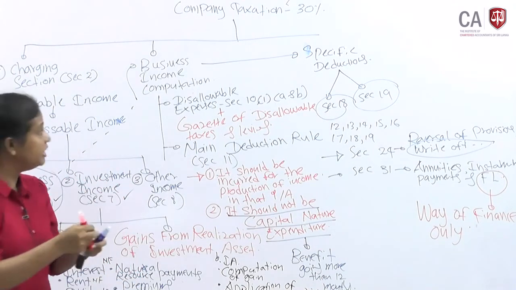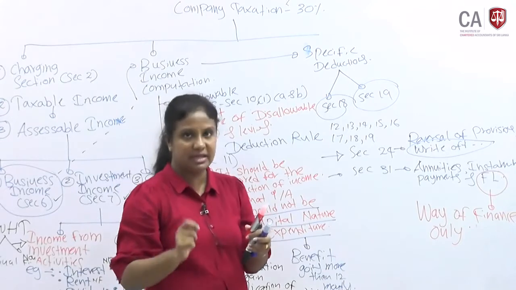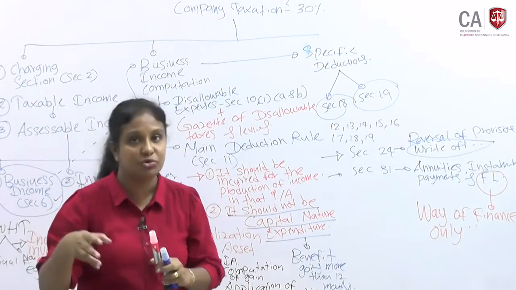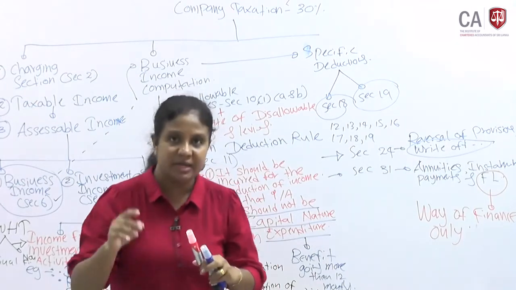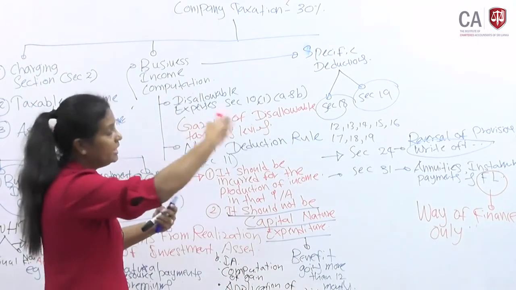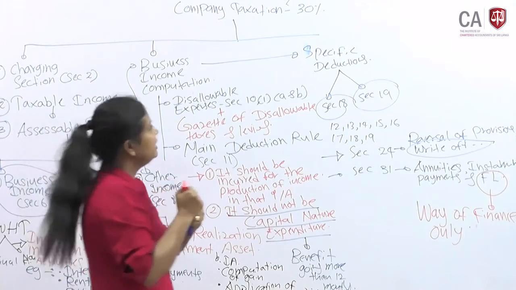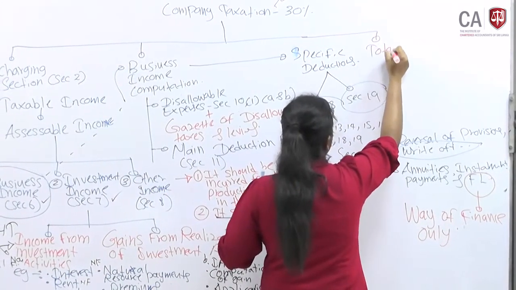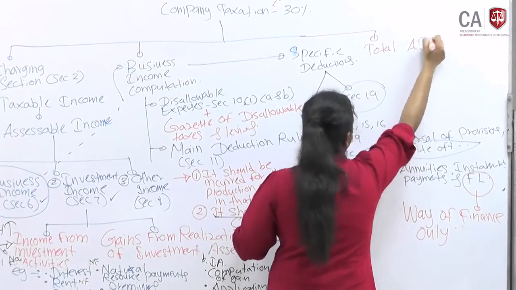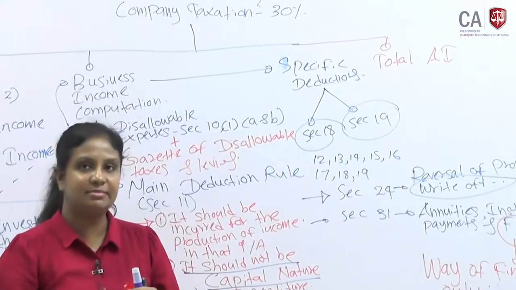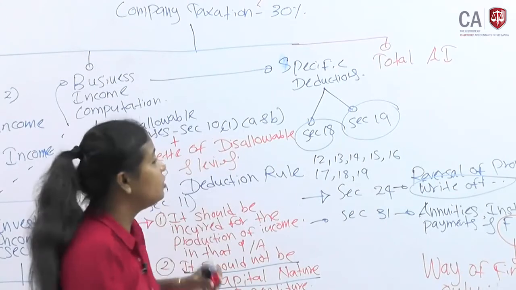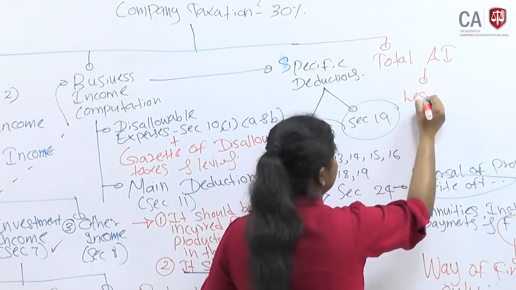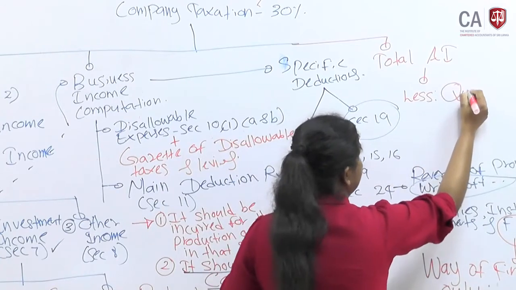The third one, we need the total assessable income, which is the composition of these two if there is no other income. Then after that, we are at the final figure of our computation, total assessable income. From this total assessable income, you must deduct qualifying payments.